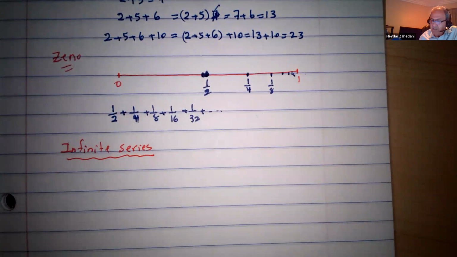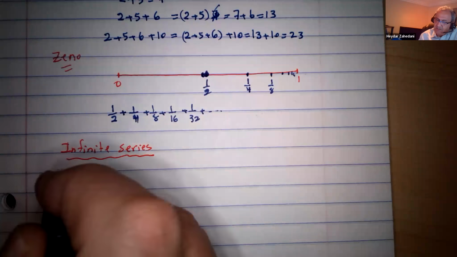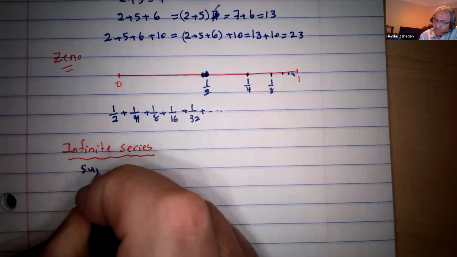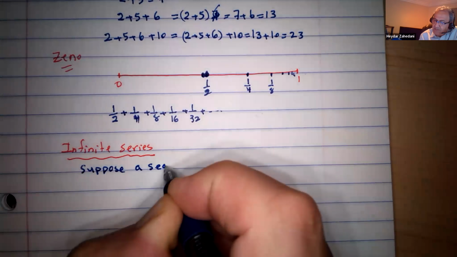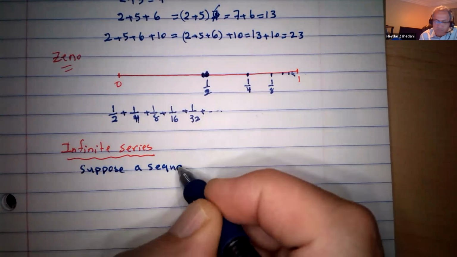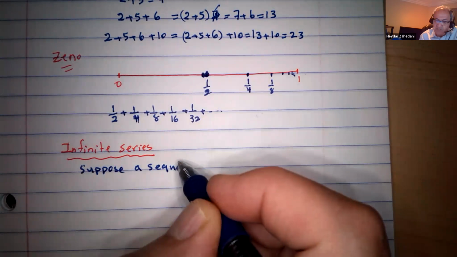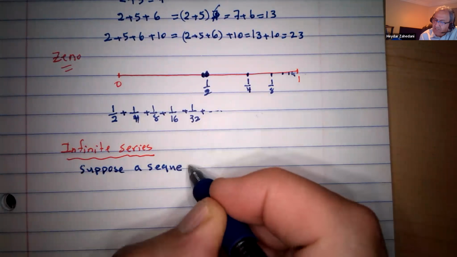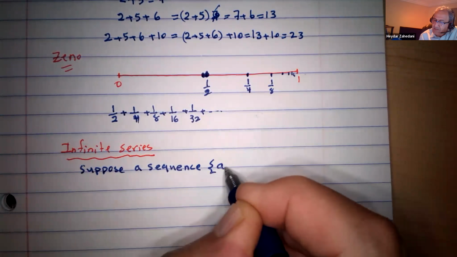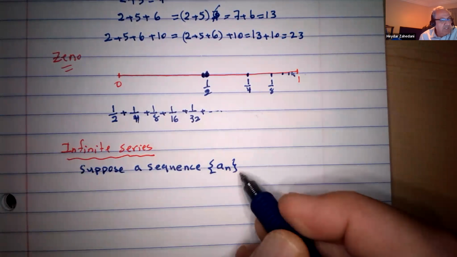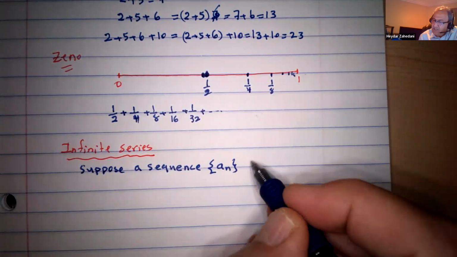We need a sequence to start with. Remember, it's different from a series. So suppose a sequence. AN is the notation that I use for the sequence. Sequence AN is given.